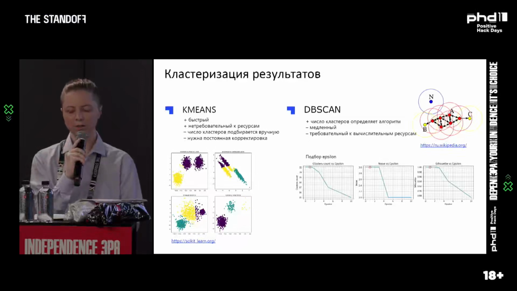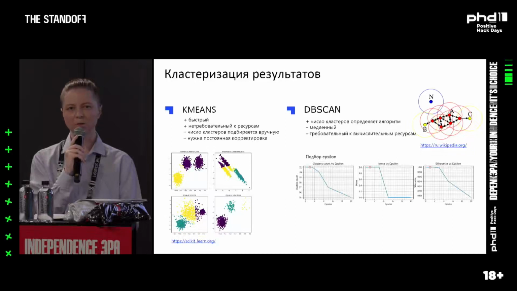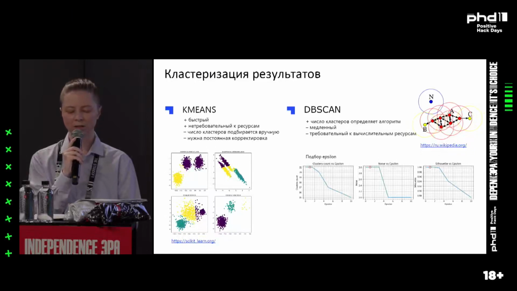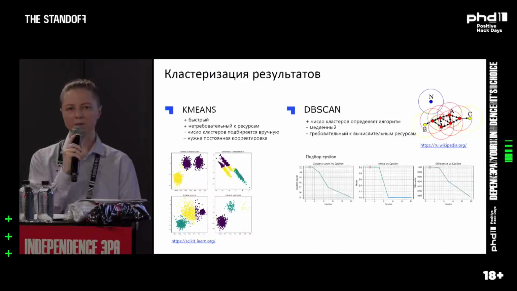After we selected the non-typical events with the algorithms, we had to group the anomalies before we took them as incidents of information security. For this, we used clusterization, k-means and DBSCAN, which I mentioned previously.